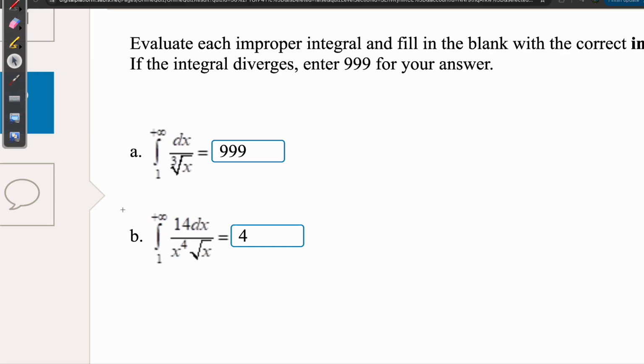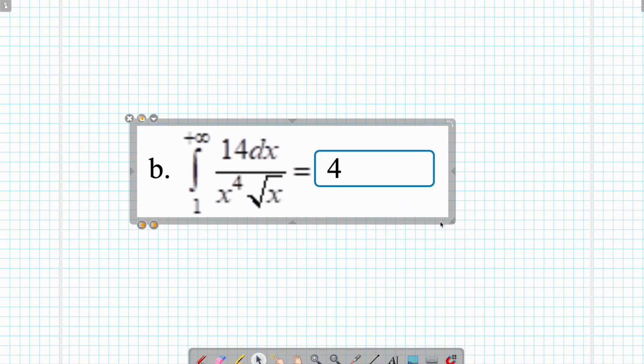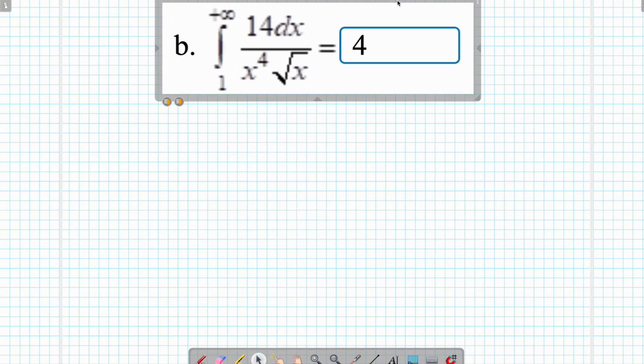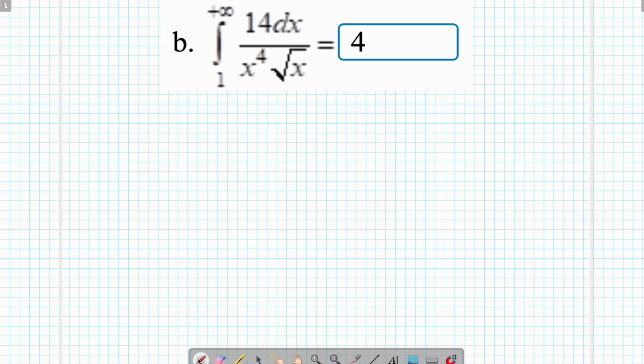Part B. This part is slightly confusing, especially with the signs, but once you get used to it, you'll know how to solve it. Again, limits from b to infinity.